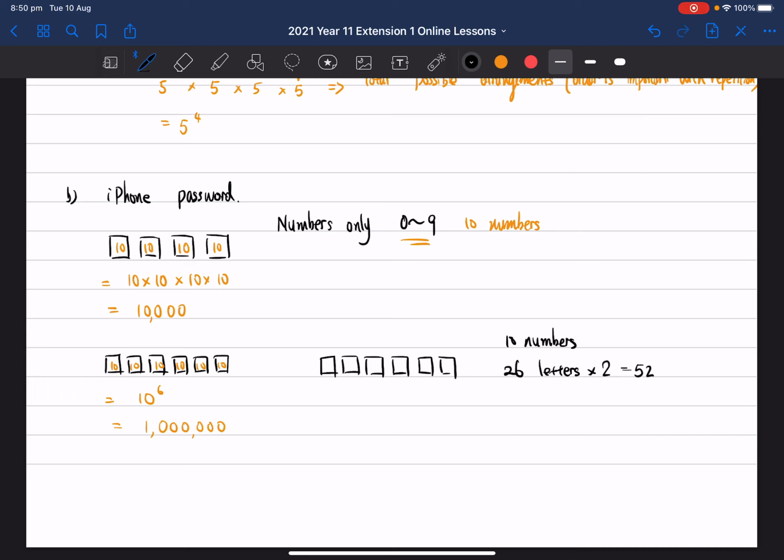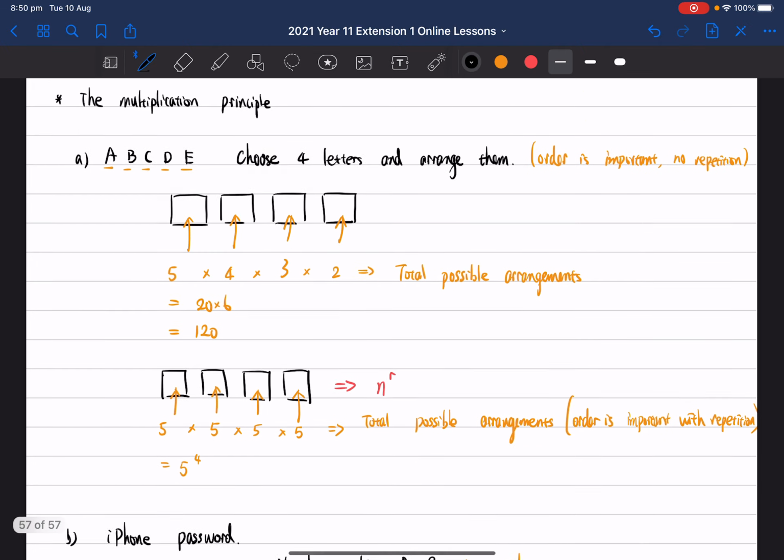Then you can have some special characters, like the hashtag and dollar sign. Then you can do the calculation. Obviously, the more different combinations of numbers and letters you use, the harder it is for other people to find your password. I use this method to calculate the number of possible arrangements, and this is called the multiplication principle.